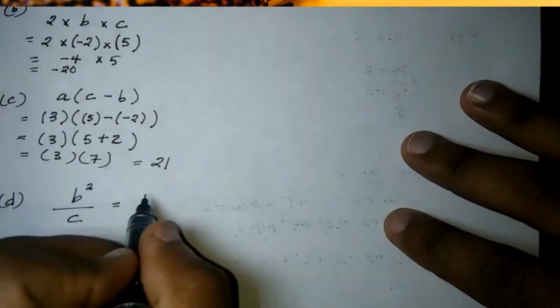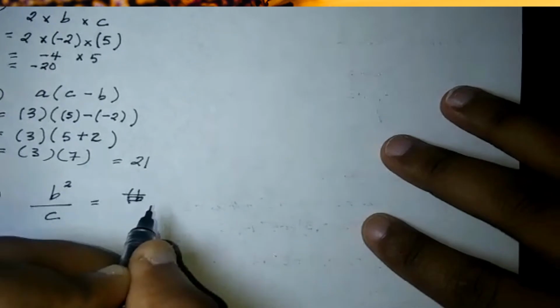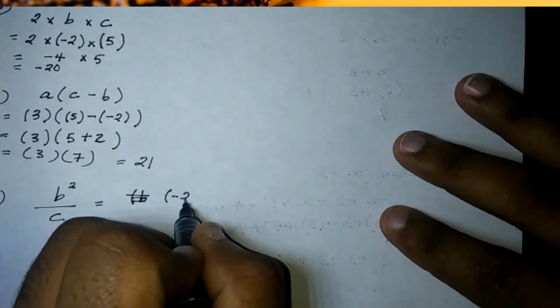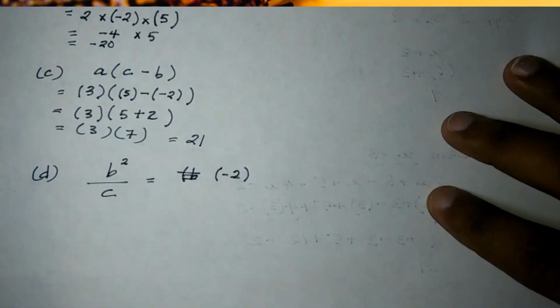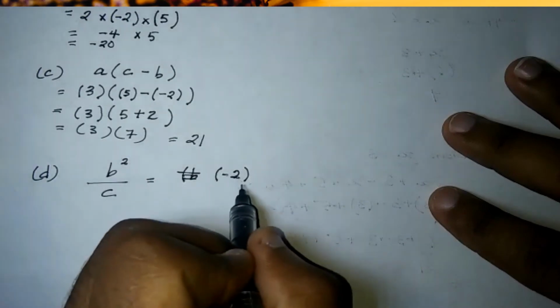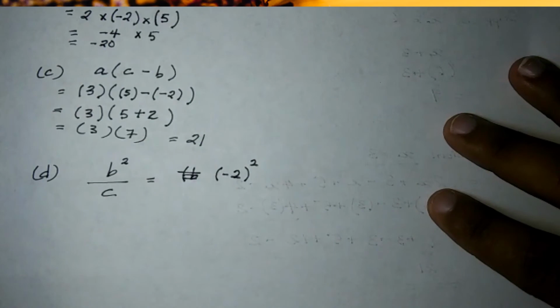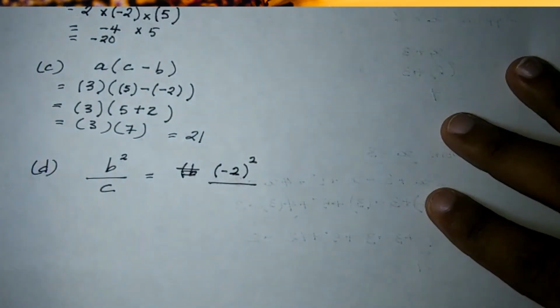So B squared, when I'm replacing B, I'm going to put it in brackets and show my negative 2. Am I finished? No, because remember, B has a squared on it. So my B value must be squared. Then when I'm finished, I'm going to divide it all by the value of C.